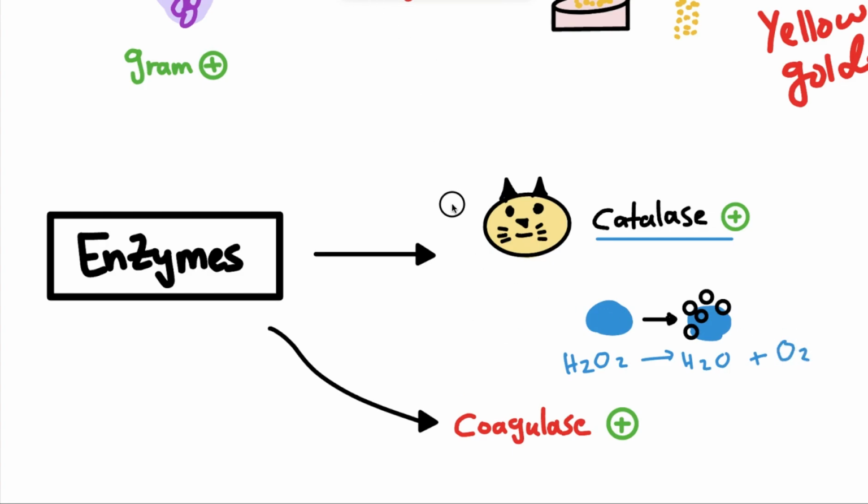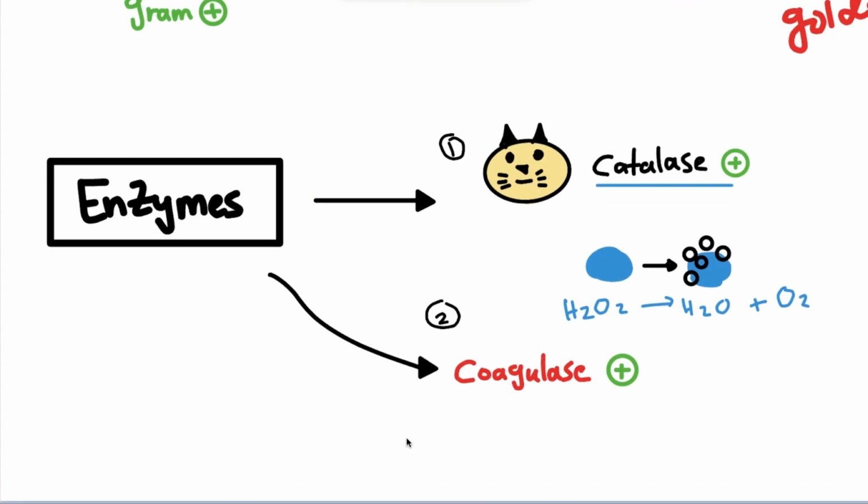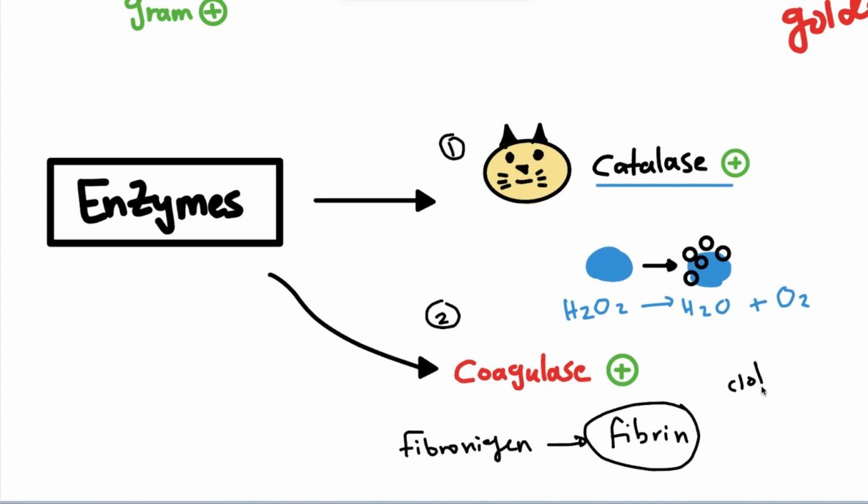The second enzyme here is coagulase, and coagulase is where this bacteria converts fibrinogen, the inactive form of fibrin, into the active form, which is fibrin, and therefore forming more clot.